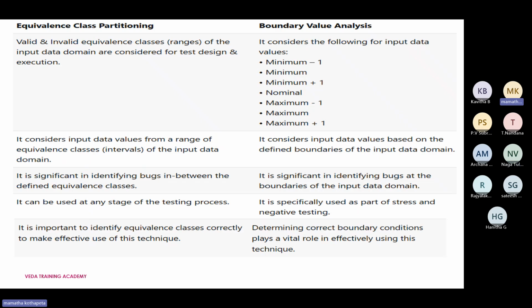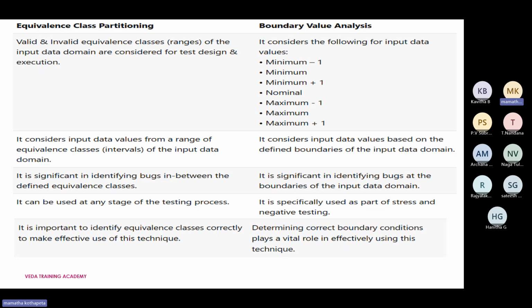Okay. So this is the high level of what we have covered so far, and it gives us a small understanding. Clearly, ECP validates the inputs based on the valid and invalid partitions, whereas boundary value analysis will categorize in min plus one, maximum plus one.